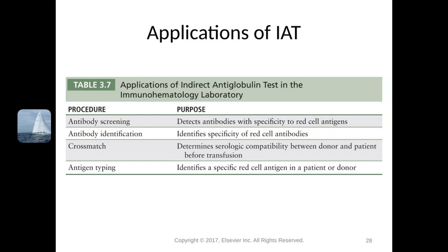We will antigen type them specifically for that antigen because we expect them to be negative, because we expect them to not form an antibody against something that they have. And then we'll antigen type a donor. For example, if a patient is identified with an anti-big K, we're going to antigen type the donor for the big K antigen because we want them to be negative, because we don't want to transfuse a patient with something that they react to.